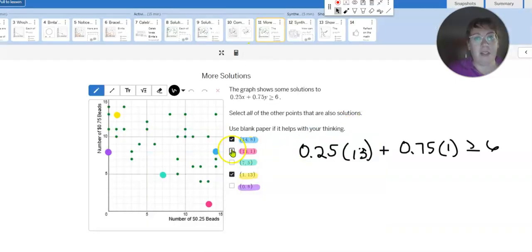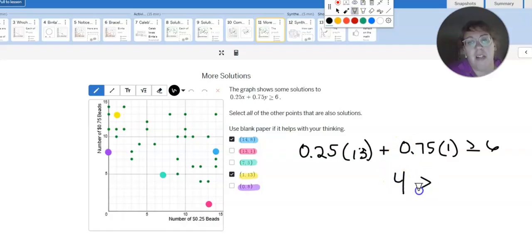So yes, that one does work. Greater than or equal to? Did I do that right? 0.25 times x, which is 13, plus 0.75 times 1 is greater than or equal to 6. Oh, we got 4. That's why. 4 is not greater than or equal to 6, so that does not work.